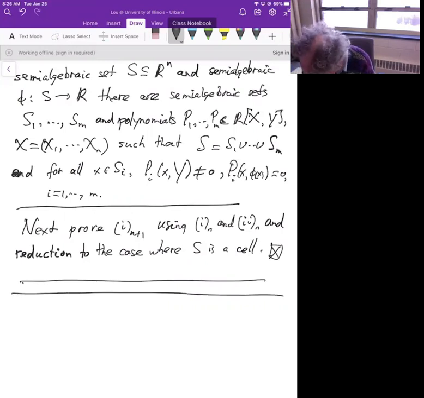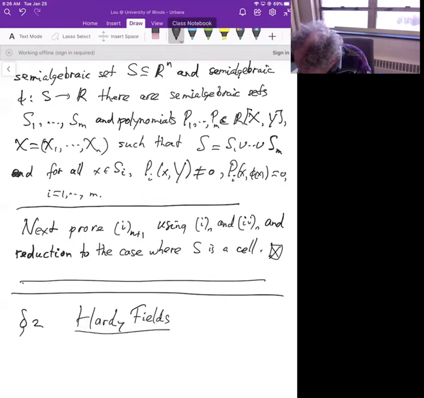So that's section 2. Interrupt me if you want. And for now, this is just the beginnings, right? This is just a very basic theory of Hardy fields.